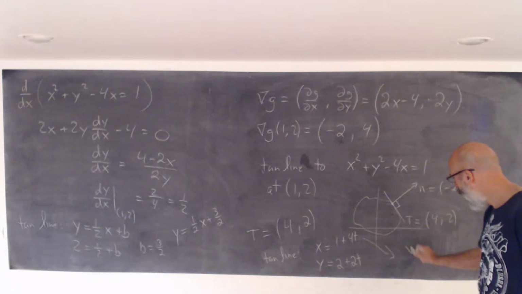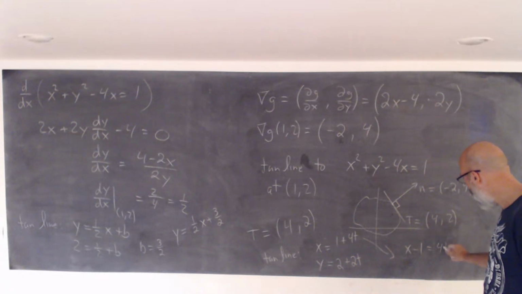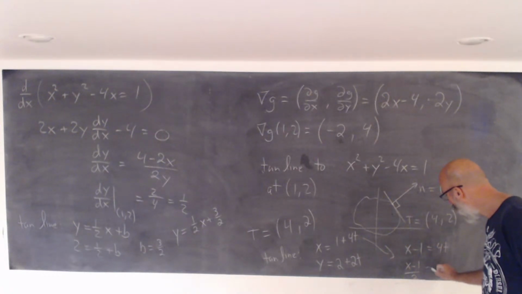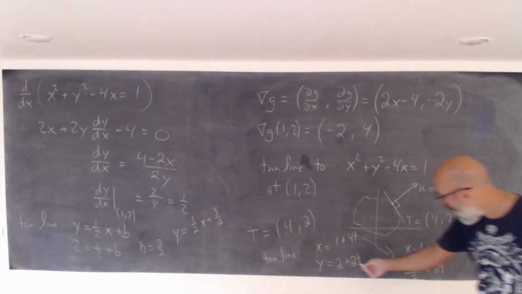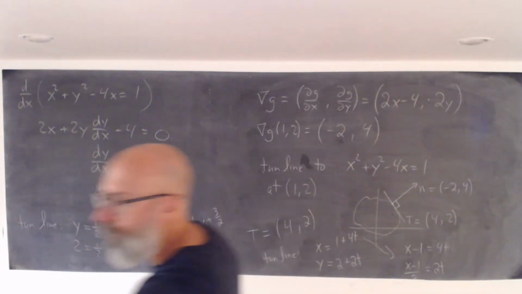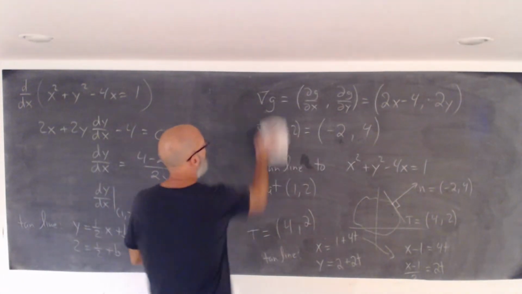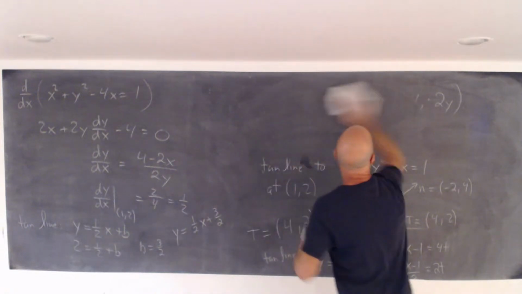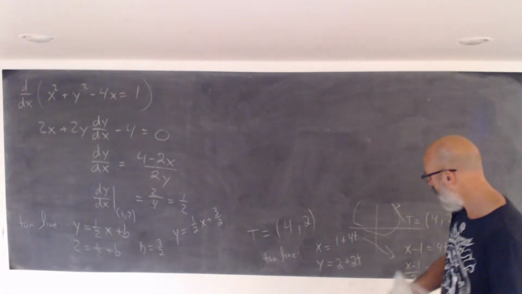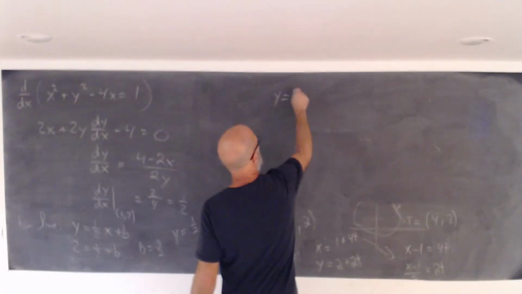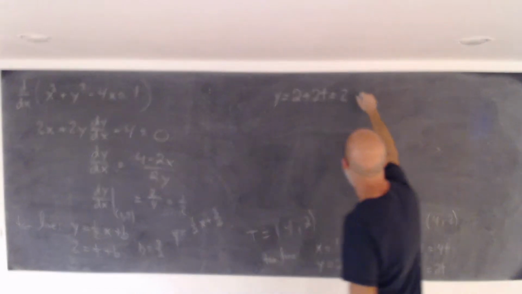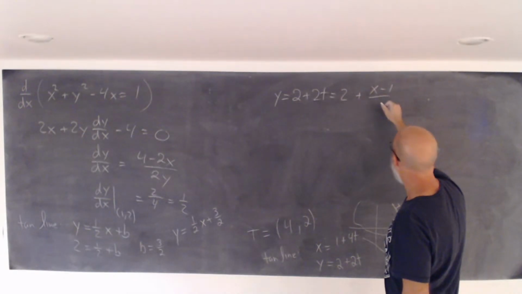if you rewrite this as x minus 1 over 2 is equal to 2t, and plug that into there, So y, which is equal to 2 plus 2t, where 2t is x minus 1 over 2.